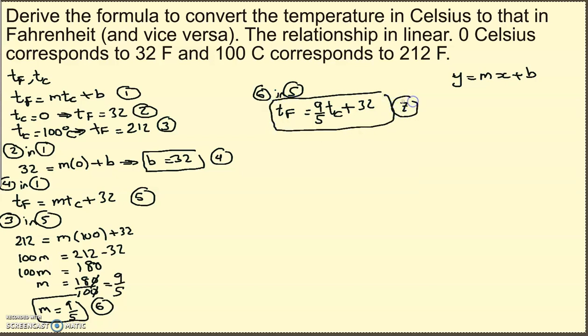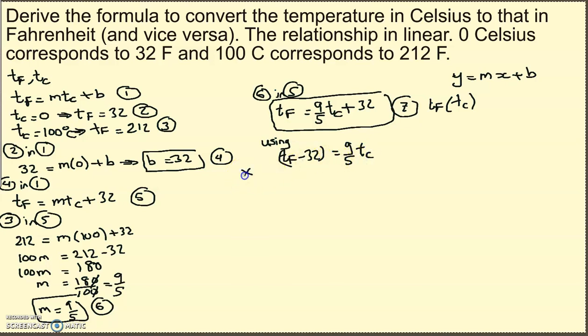So equation number 7 gives us the temperature in Fahrenheit as a function of temperature in Celsius. And we said we want to derive the opposite equation. So using 7, we're just going to shuffle things around. We can move the 32 to the other side. So Tf minus 32 equals 9 over 5 times Tc.